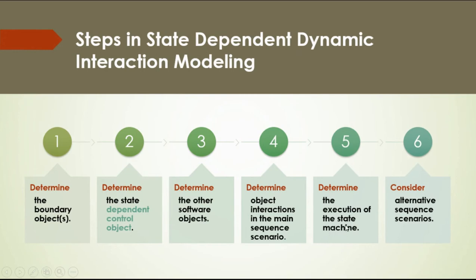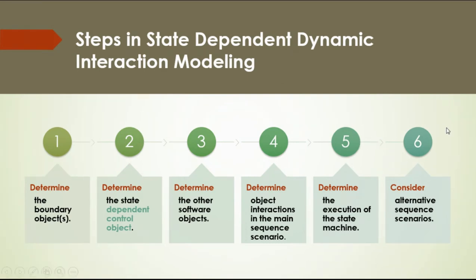Since, as we say, we have at least one state dependent object, this is the state dependence we should determine. Then after we determine the sequence of our system, we come to determine the execution of the state machine. So this state dependent object should execute one state machine, so we should also determine the state machine or state chart.